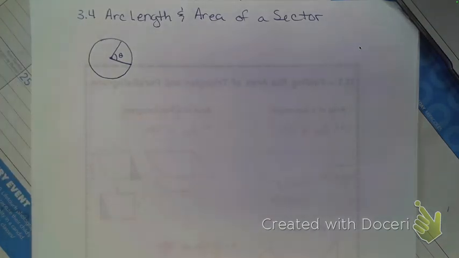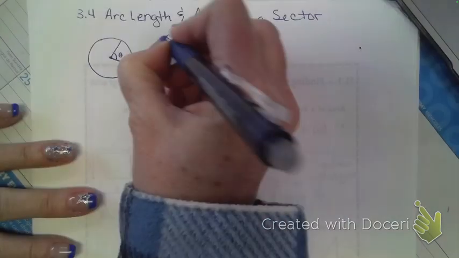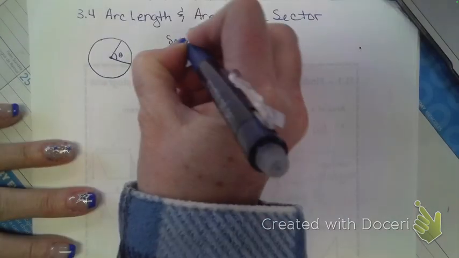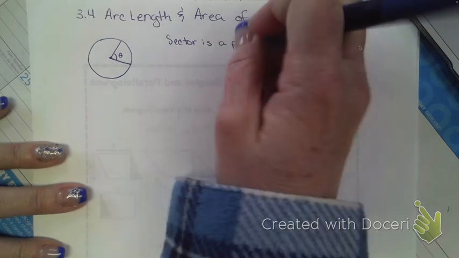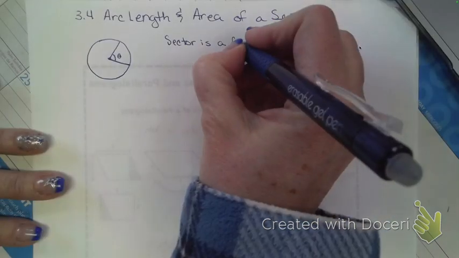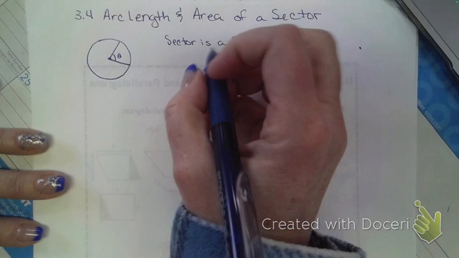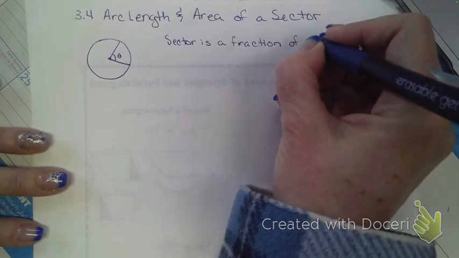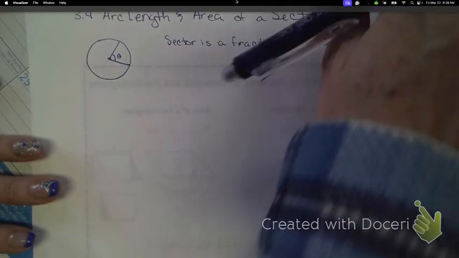Okay, so a sector is a portion of a circle. And actually, I'm going to put fraction of a circle, because we're going to talk about how it relates to 360.